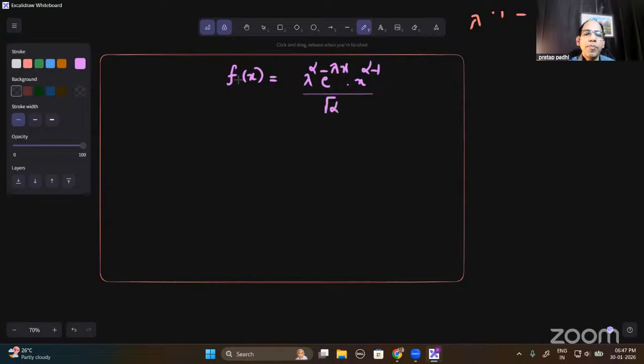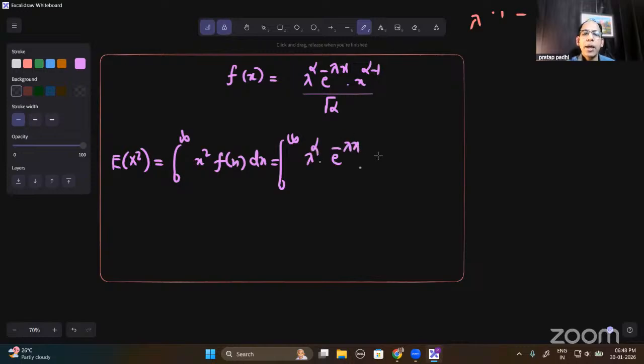This is my f(x). So E[X²] will be the integral of x² f(x) dx. When you multiply x², this will be x^(alpha+1). But anyway, I need to keep minus 1 here. So when I write 2 here, x² you multiply, so we have to change it to alpha plus 2 minus 1.